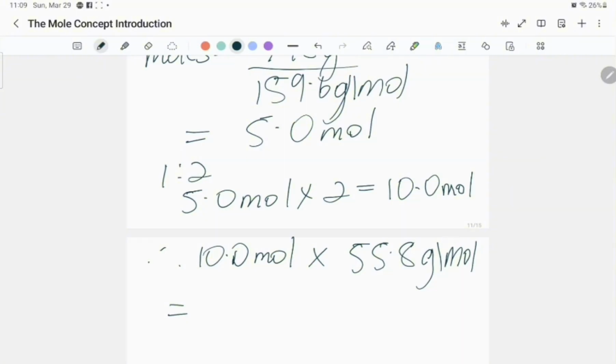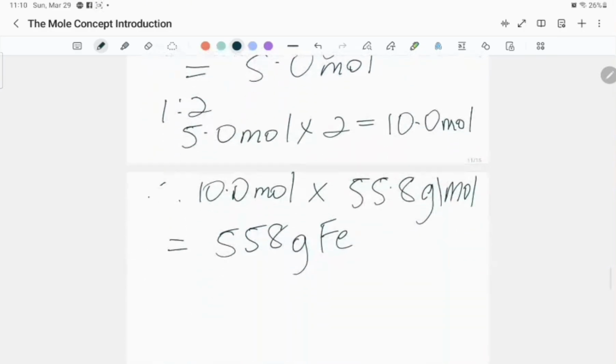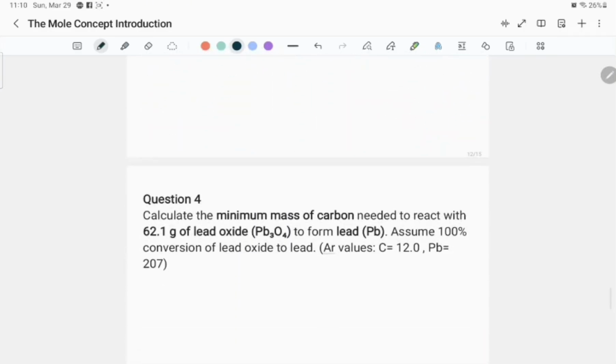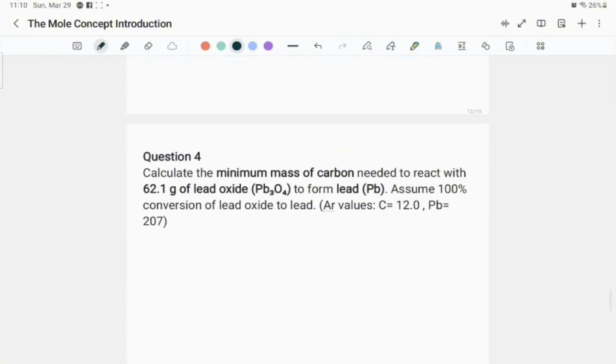If we multiply that, we should be able to know the maximum mass of iron formed, and that will be 558 grams of iron, right? So moving on to the fourth question, right?